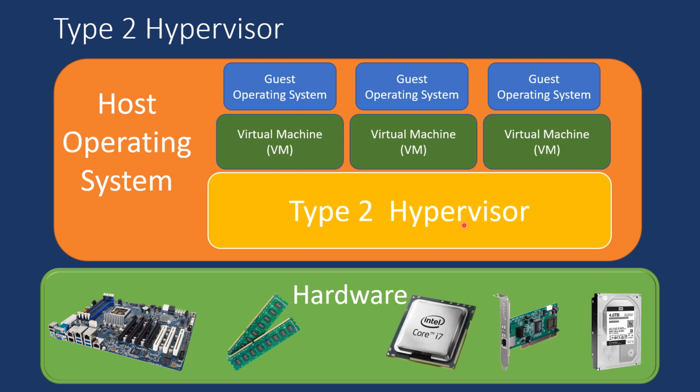You get the point. This type of hypervisor we call type 2. Of course, in this picture I have only 3 virtual machines, but I can have more. It depends on how powerful my hardware is.